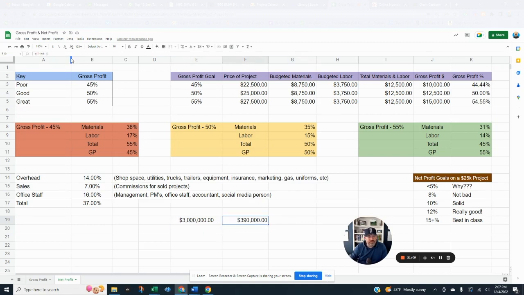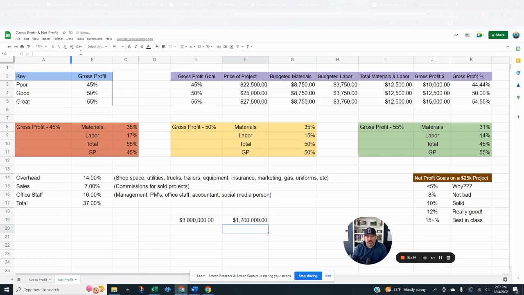As opposed to there's so many guys out there that aren't concerned with gross profit and they're out here doing 3 million, but they're going, oh man, maybe I need to raise my prices. I don't know if I can.